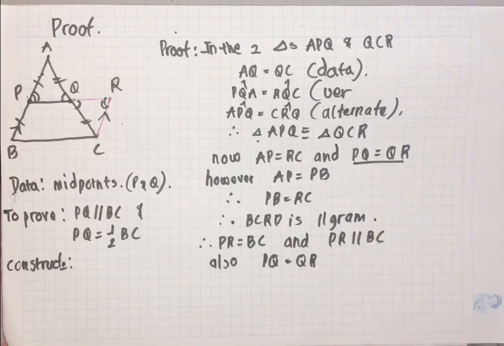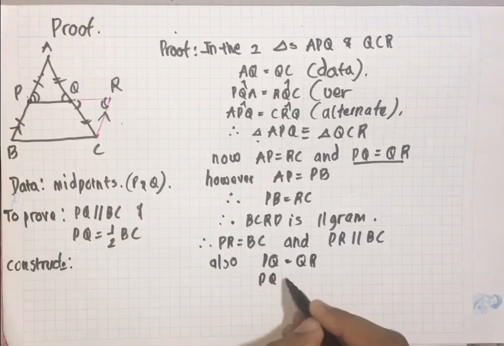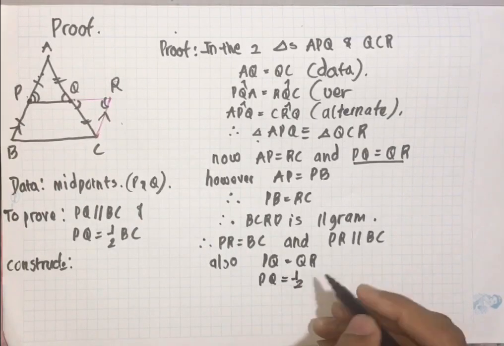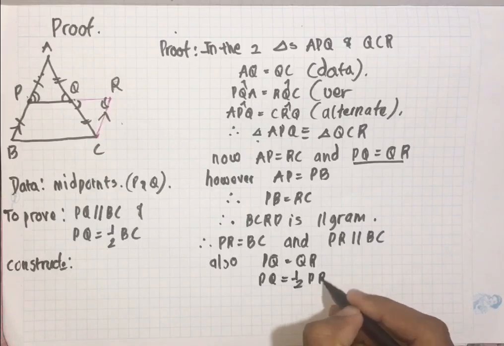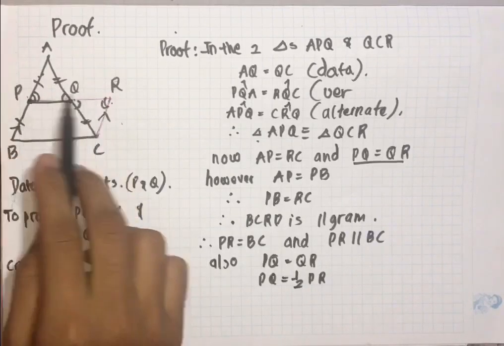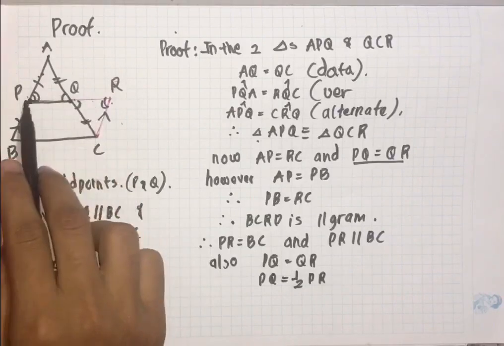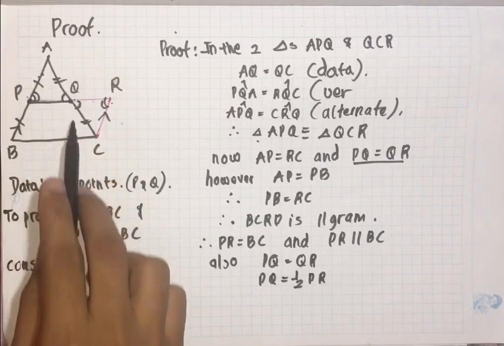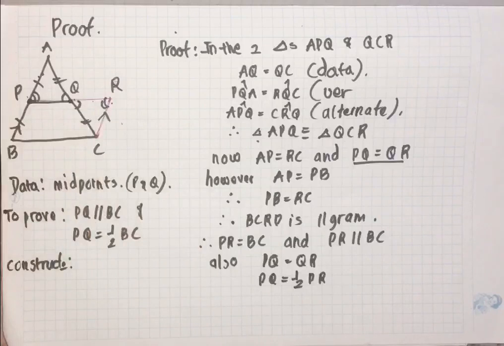Since we have written that, we can say that PQ is equal to half PR. Is that clear? Since these two are equal, they are in a 1:1 ratio, therefore PQ is equal to half the length of the total length PR.